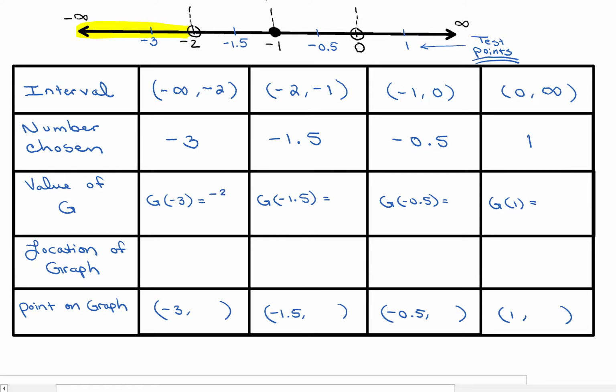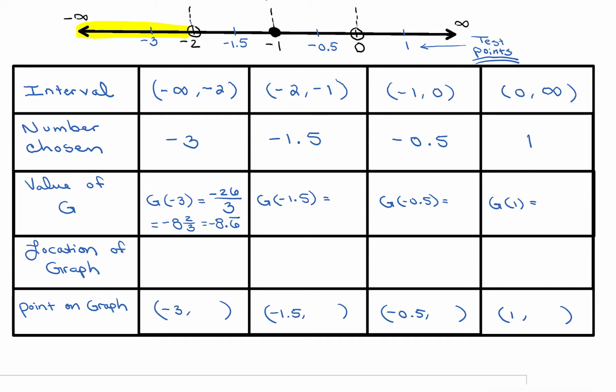So for g of -3, I got -26/3. For g of -1.5, oh, before I go on, let me rewrite this as a mixed number because that might help us when we're graphing. And then we also write it as a decimal in case anyone wants to see it written as a decimal.